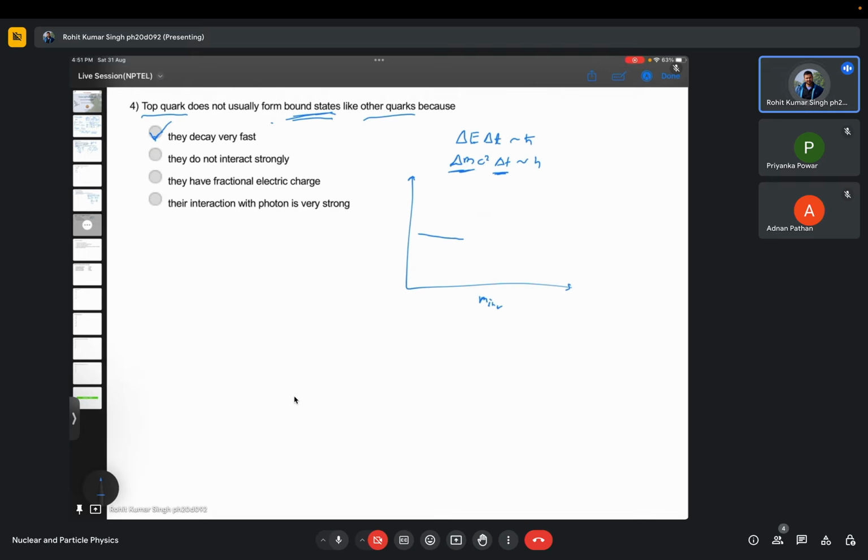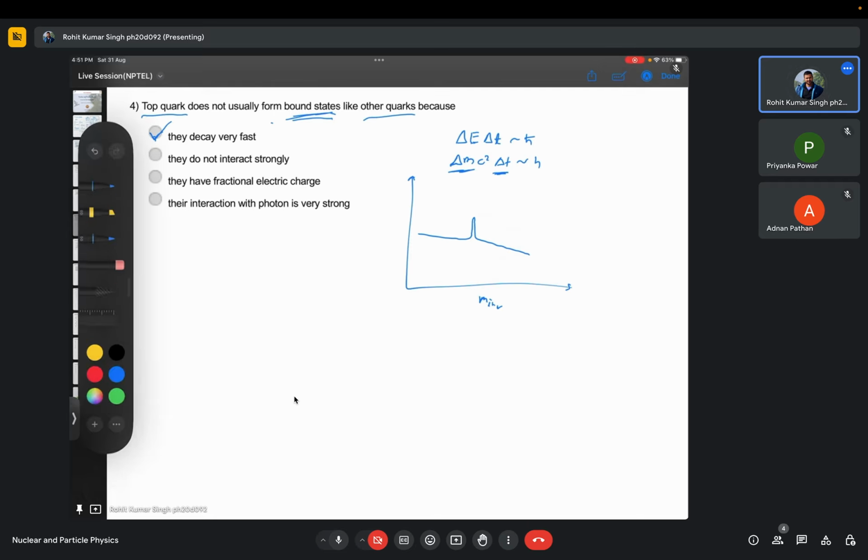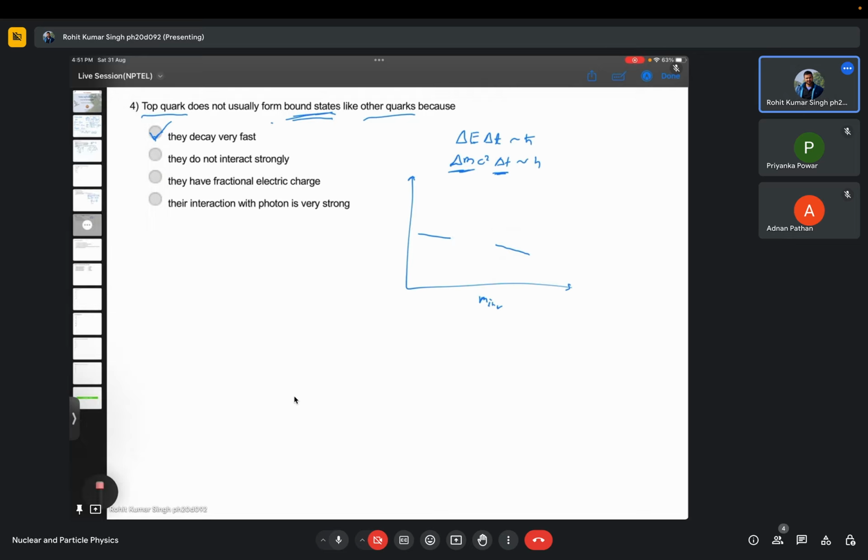So you will see that it has a very wide peak like this, because it has a very high mass.